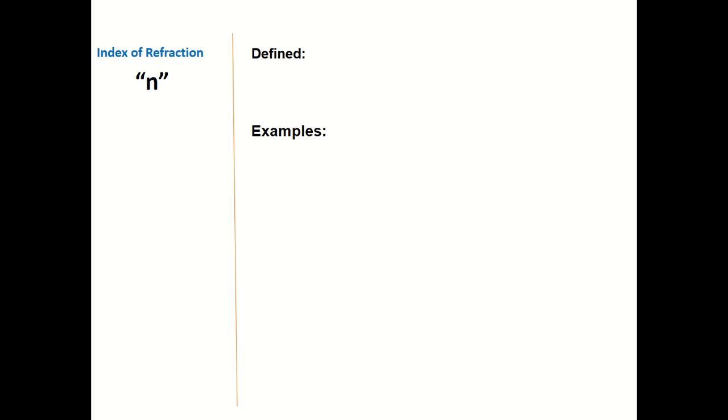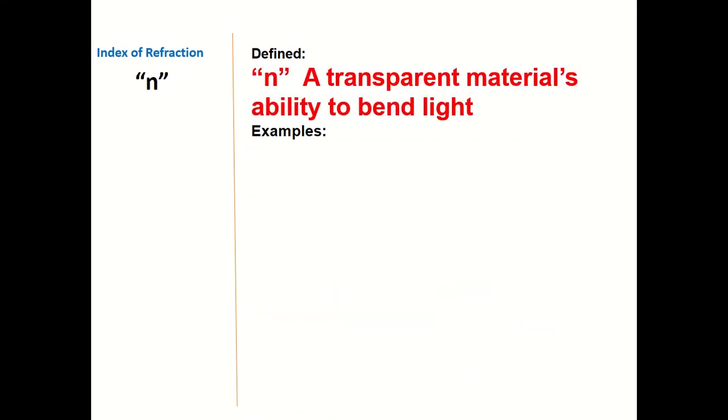Okay, so the next term is index of refraction. The symbol for index of refraction is n. Index of refraction is defined as a transparent material's ability to bend light. So in that picture I showed you earlier, we had a diamond on there. Diamonds have a really high index of refraction, like 2.4, I believe.